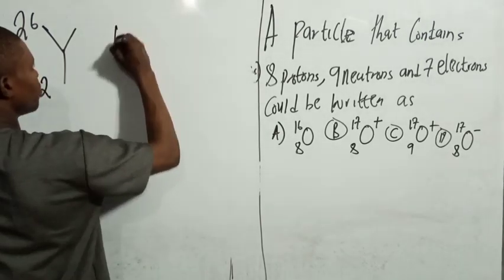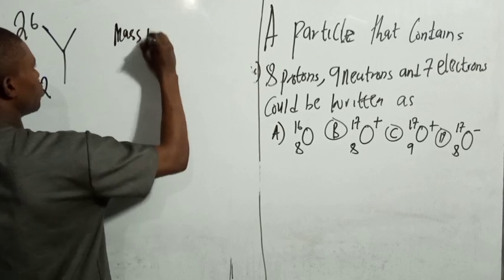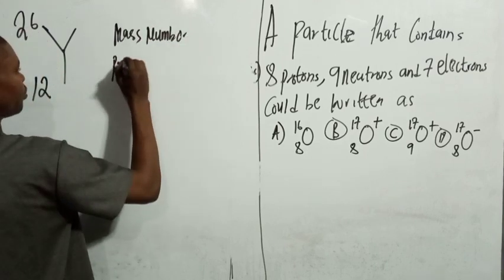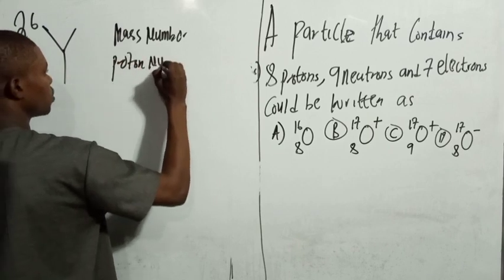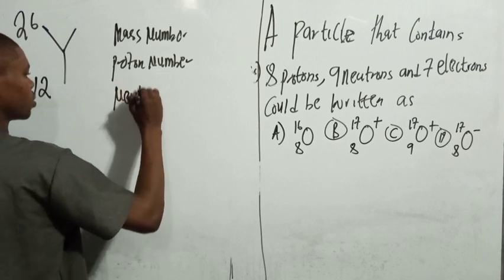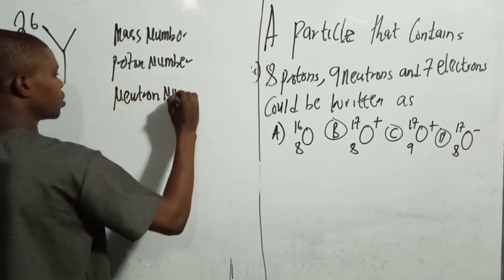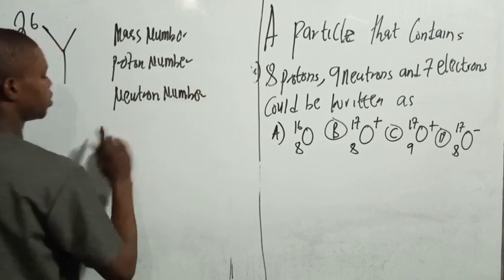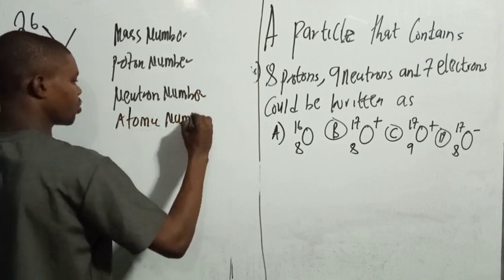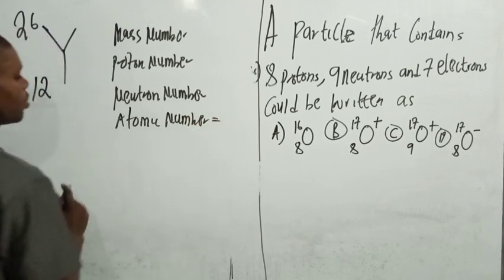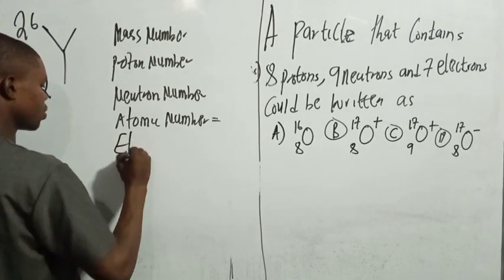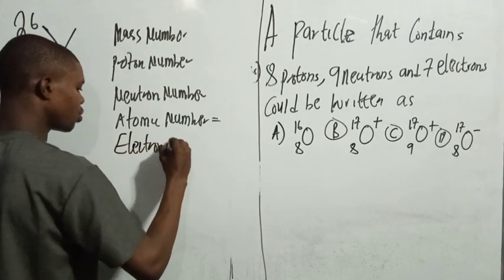So here we have mass number, proton number, neutron number, then atomic number, and here we have electron number.